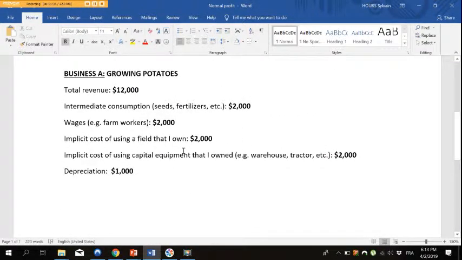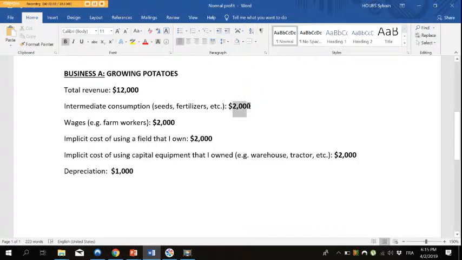So apart from computing his total revenue, the farmer can also compute his cost of production. The first type of cost of production is what we call intermediate consumption, which refers to the purchase of goods and services from other companies. In the case of this farming activity, the farmer might have to purchase seeds, fertilizers, and so on from other companies.